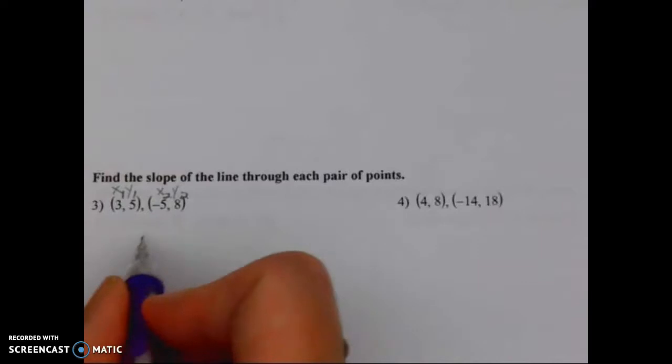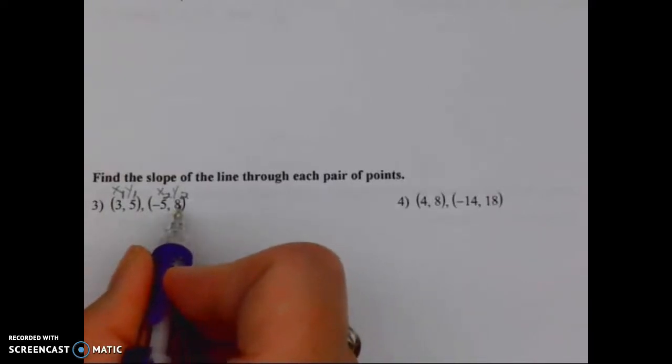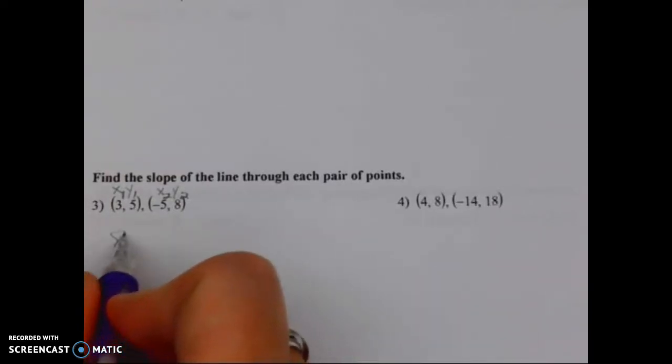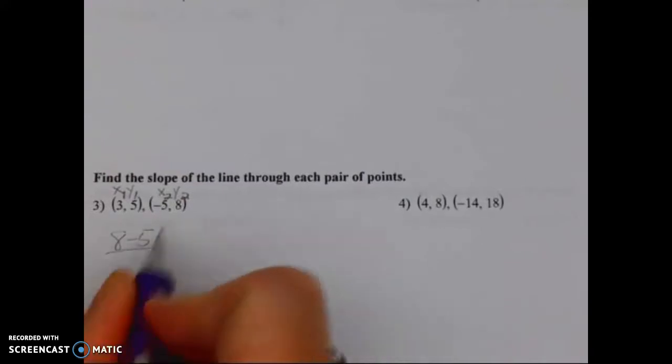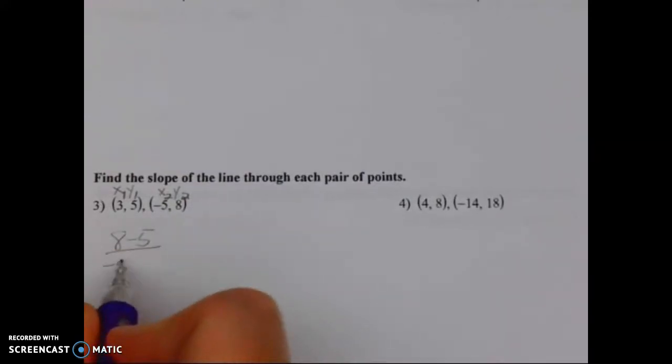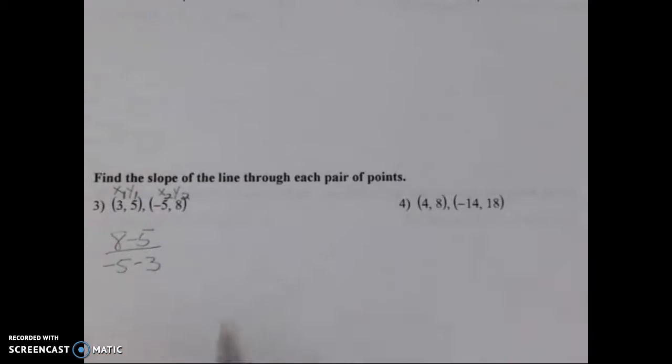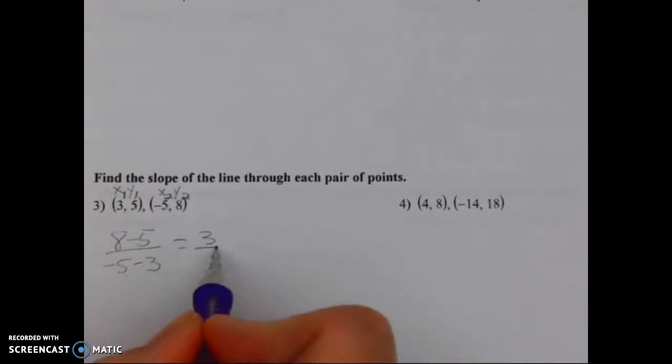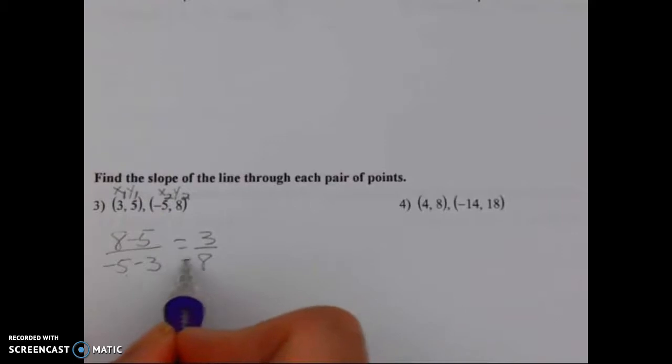Y's go on top, y's up. So 8 minus 5. Then the x's, -5 minus 3. First you subtract the y's, put it on top, then you subtract the x's, go on the bottom. It's 3 over -8.